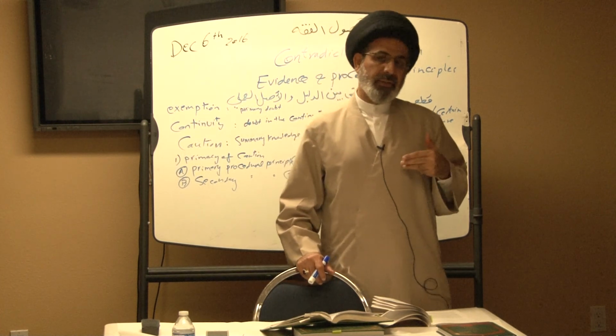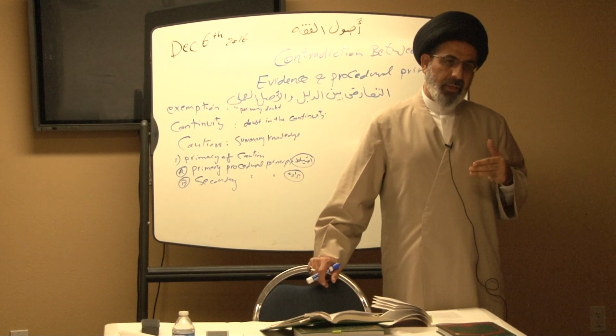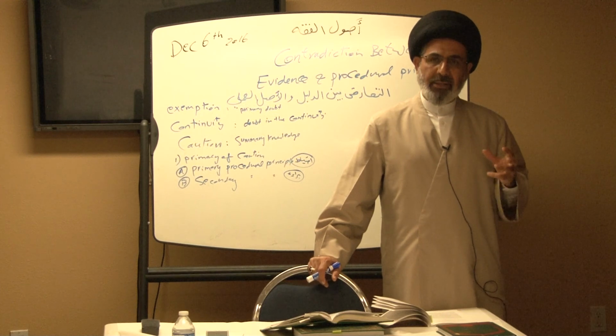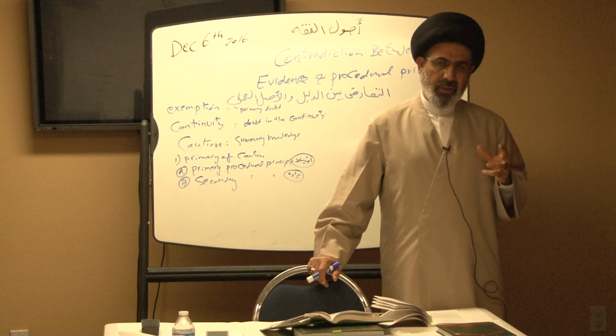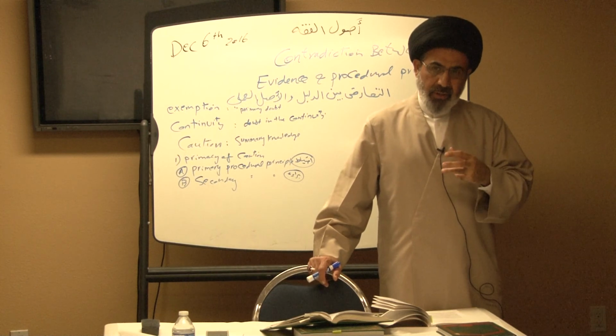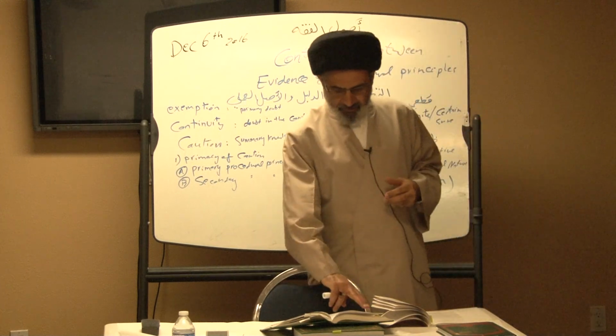So when we have contradiction now between two items within the procedural principles, the item of continuity, istishab, and the item of exemption, then istishab comes first.